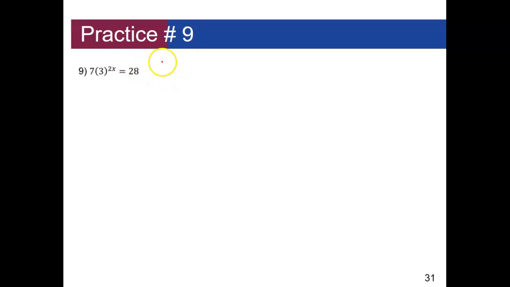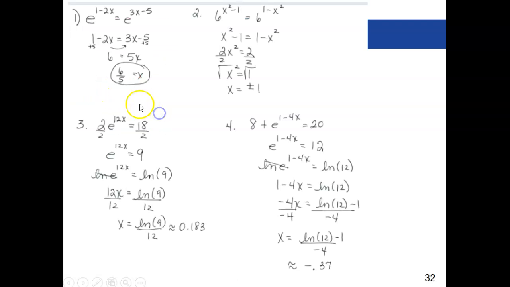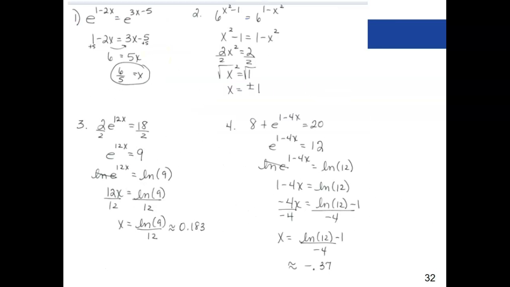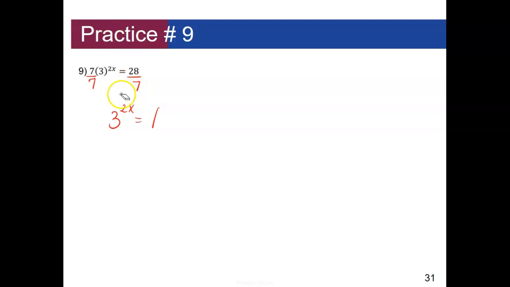Okay, last one on our practice here. We've got to get this exponential by itself. So we're going to divide by 7. So we get 4. We're going to take the log of both sides. Okay, this lets this come down in front.